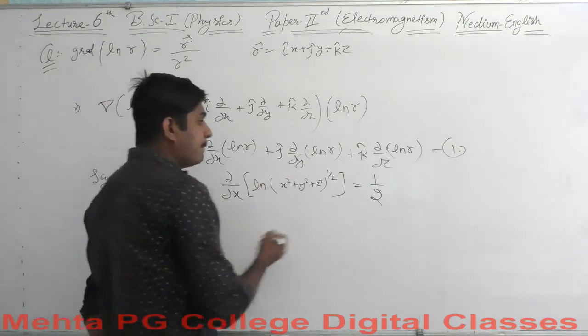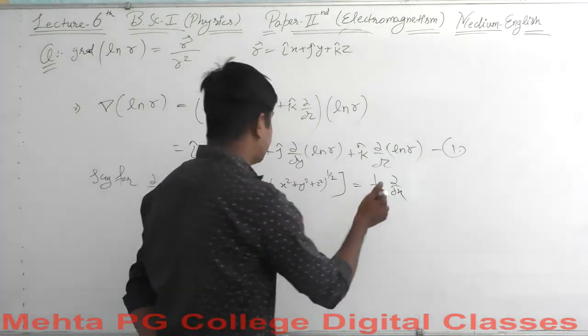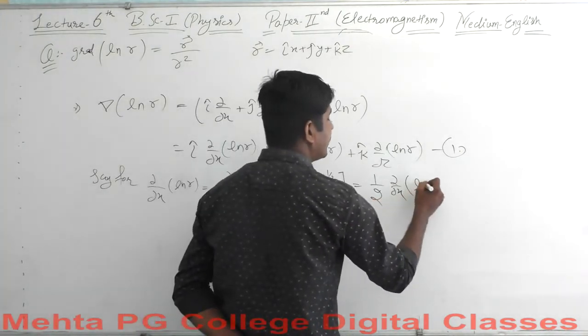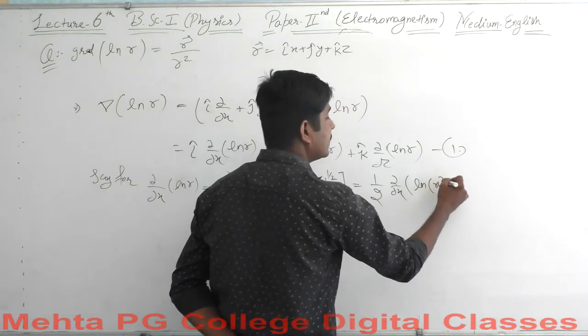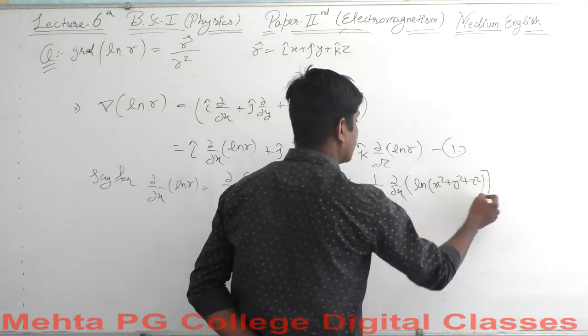Let's begin. ∂/∂x of ln of (x square plus y square plus z square), and we will calculate.